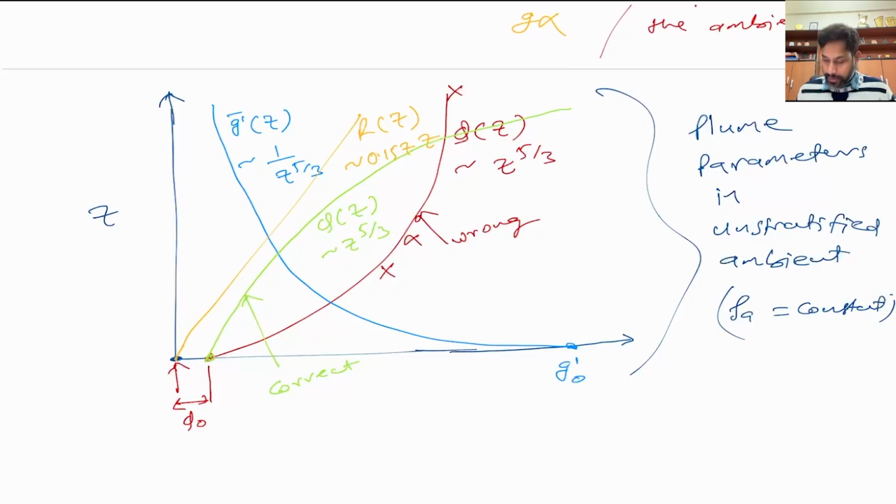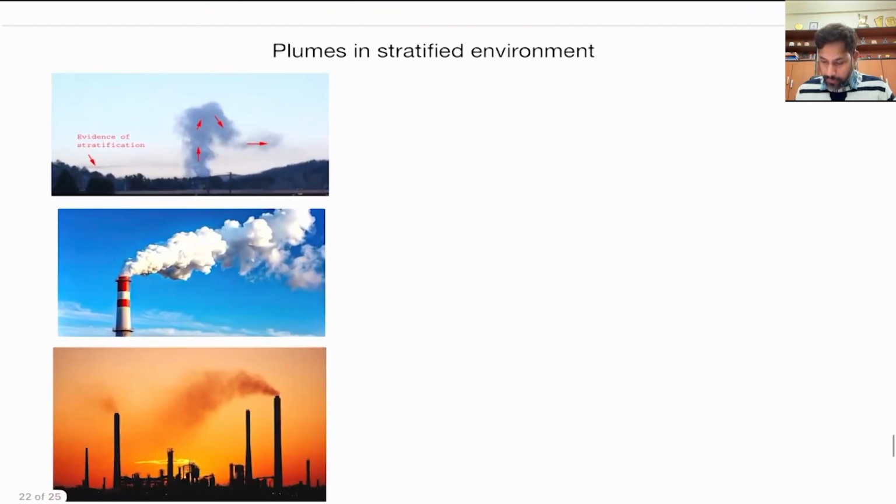Okay, so that's a quick correction, and now we will move to the next part of plume flows, and that is plumes in the stratified environment.